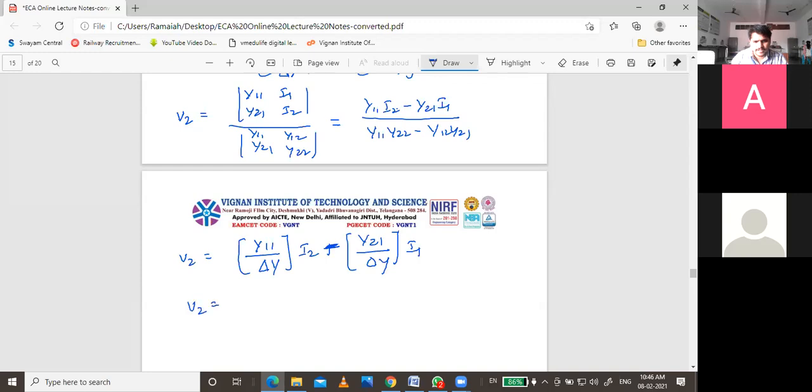Now this equation I am writing, this I1 term I am writing the first one. So minus y21 by delta y into y1 plus y11 by delta y into I2, equation 4.